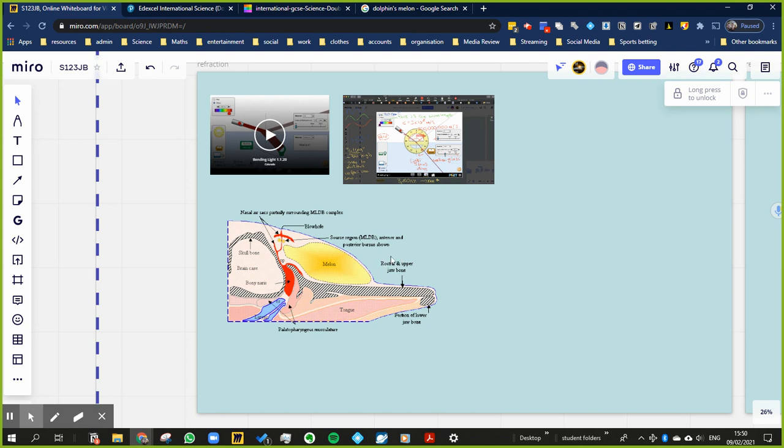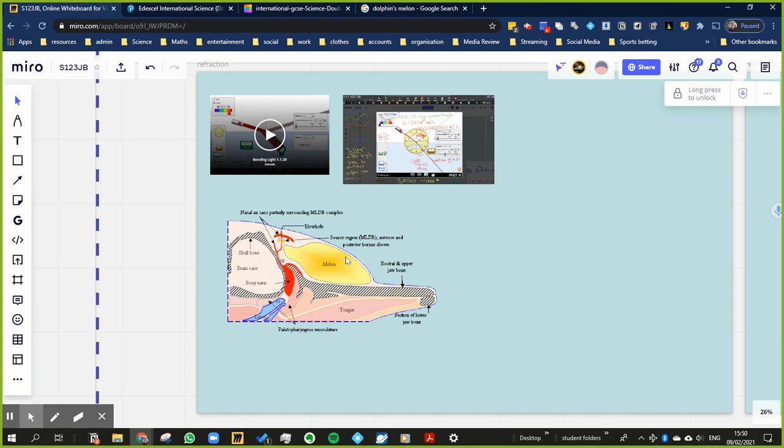So what the dolphin does is it takes the sound waves that are traveling through the water and focuses them using its melon. And the melon is not going to be more dense than water, it's going to be less dense than water. The melon is mostly made out of fat, I believe, whereas the lens in our eye is going to be more dense than air, of course.